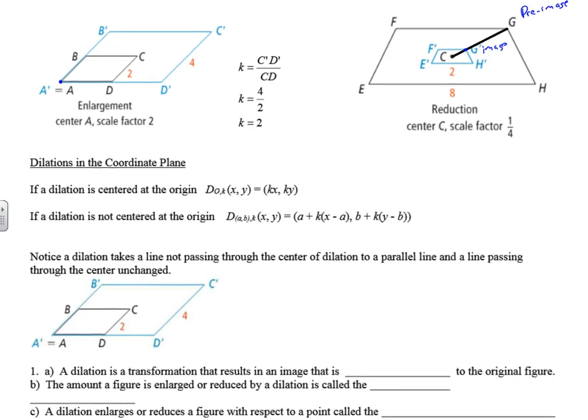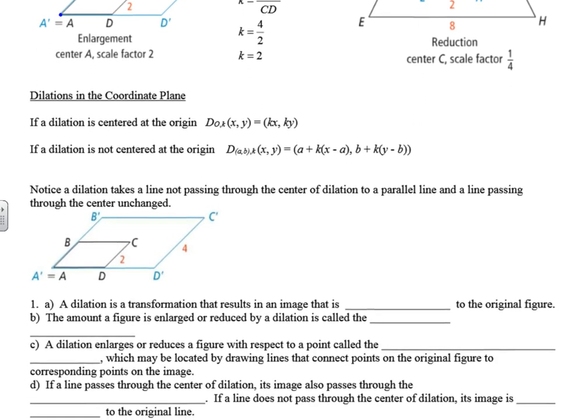Okay, now when we look at this on the coordinate plane, predominantly we're going to do ones that are centered at the origin. If it is centered at the origin, it's very simple. All you're going to do is multiply both x and y. And we'll do some examples with this.